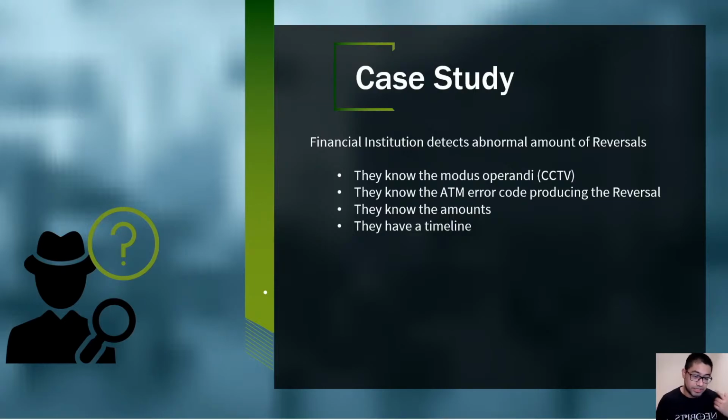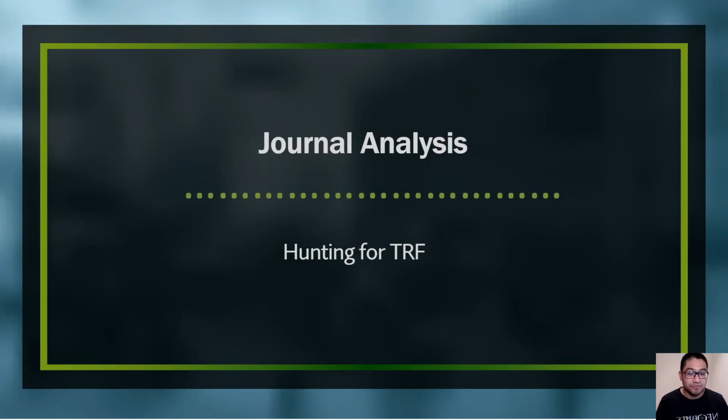When I was called, they told me, we know the modus operandi because we saw the records of the video cameras. We know which ATM error is producing these reversals, we know how much money was stolen, and we know the timeline. And I was like, hey, if you know all of this, why am I here? But okay, let's see what I can do.